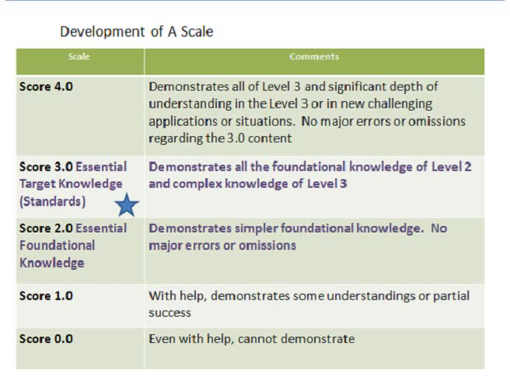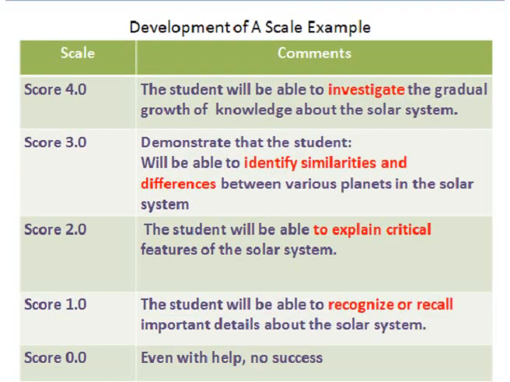And then determine what's a little less than expected, and those would be your lower scale scores. Here's an example from a science unit on the solar system. You can make a correlation between this and a traditional grading scale ranging from A to F with the plus-minus grades in between. You can also use half-point scales to help add more specificity.